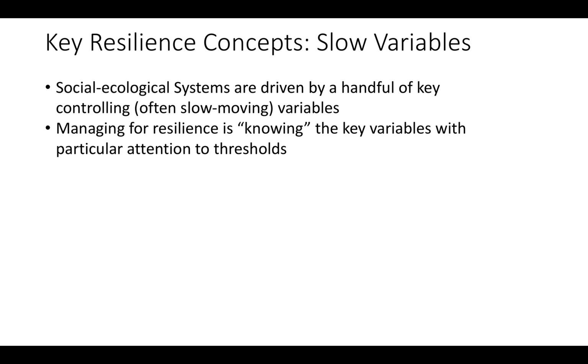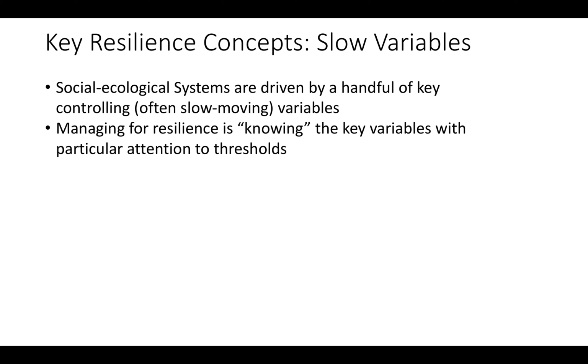The reading emphasizes slow variables, that social ecological systems are often controlled by a handful of key slow-moving variables. This helps us reduce the complexity when we think about how we understand social ecological systems, how we study them.